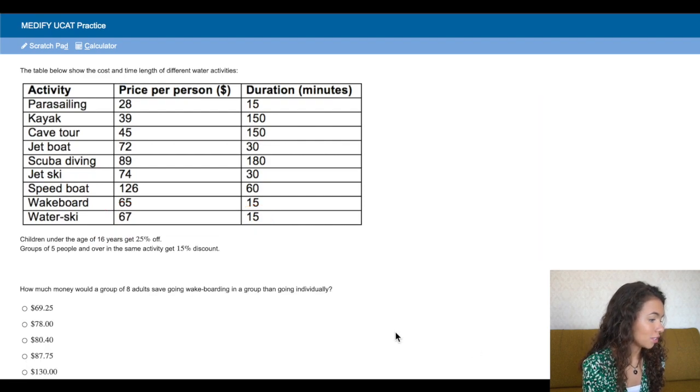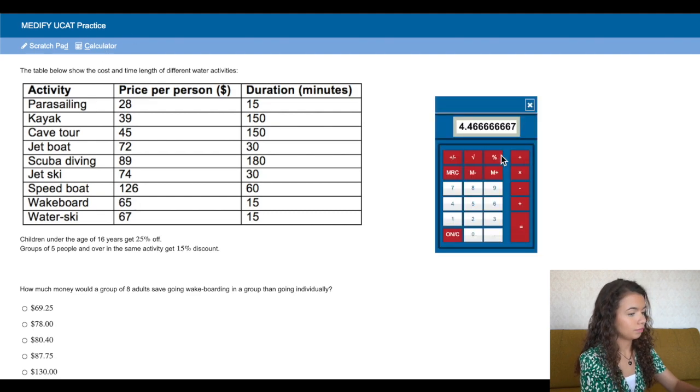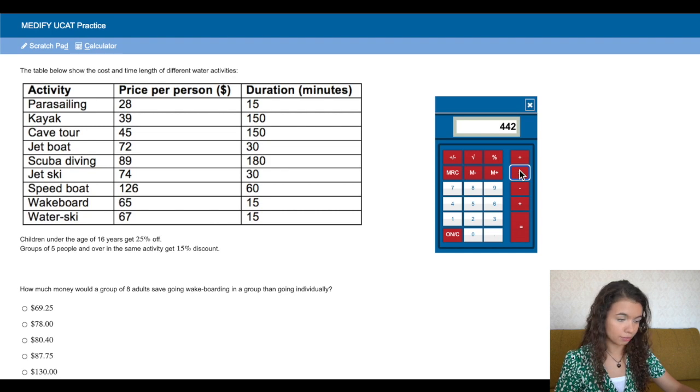How much money would a group of 8 adults save going wakeboarding in a group than going individually? So first you want to calculate the price of the group package. There's 8 adults, which is over 5, great, so they get 15% discount. Wakeboarding is $65 per person, so multiply that by 8, gives you 520, multiplied by 0.85 to account for the discount, you've got $442.